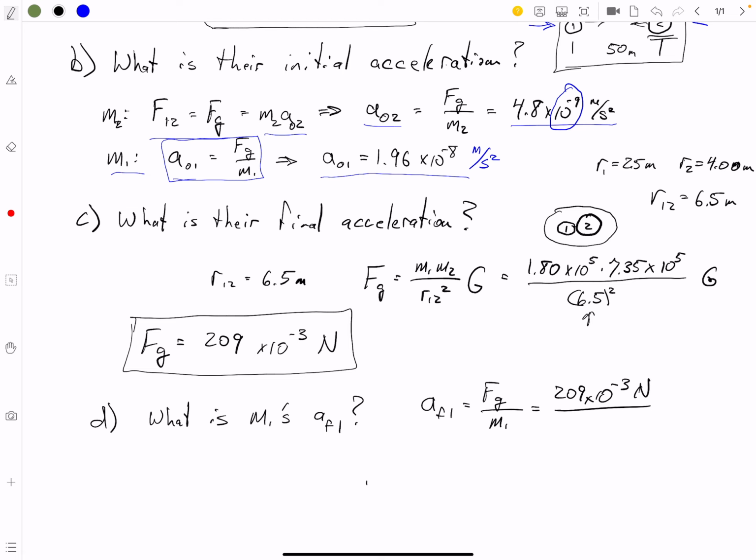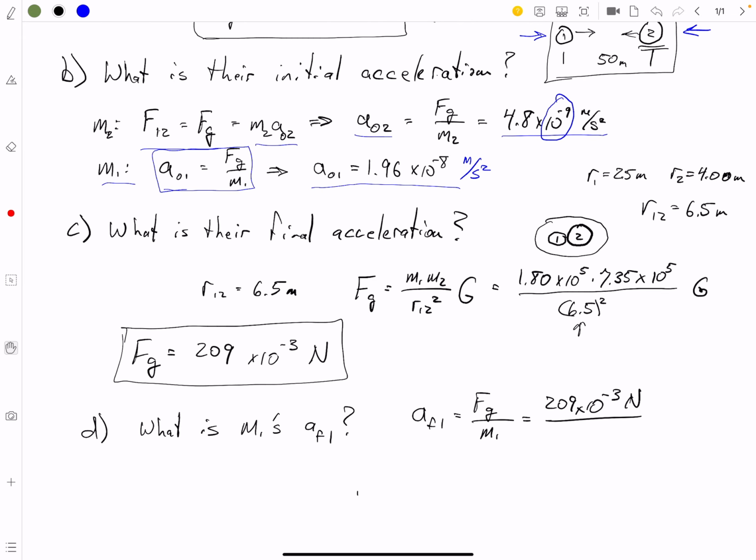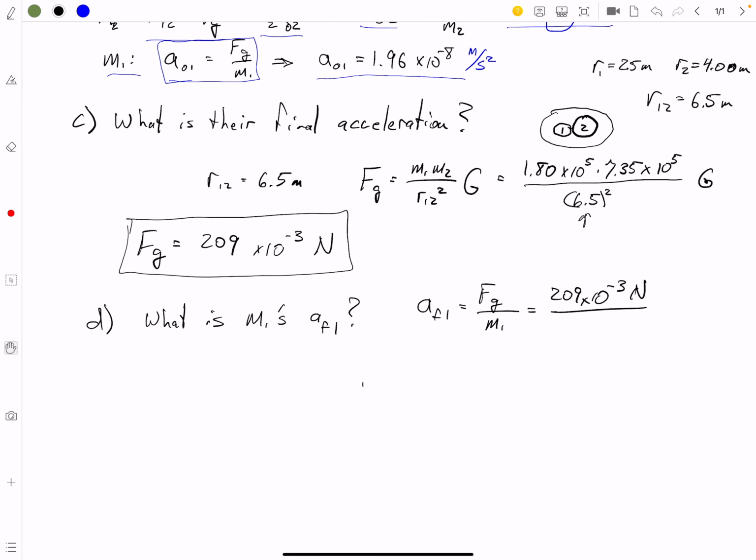Where is that number? Oh, 1.8 times 10 to the 5. Found it. 1.8 times 10 to the 5 kilograms.